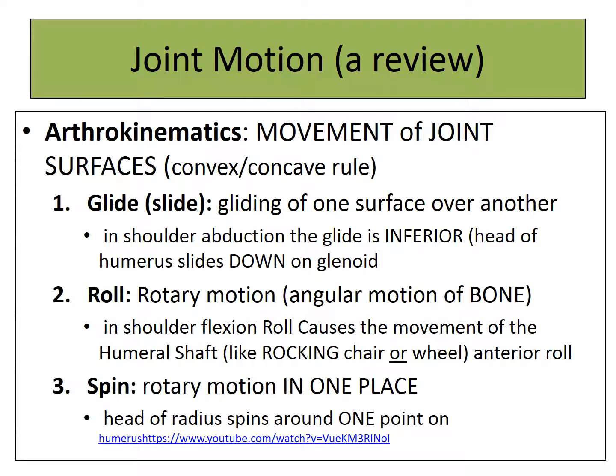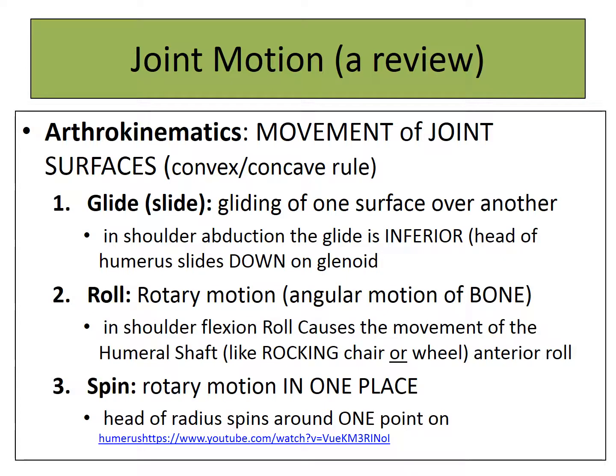And if we continue to roll superiorly, we're going to be jamming our humeral head up against the glenoid fossa. So what has to happen is we have to have a glide, and the glide is going to be inferior to allow for that to stay on the articulating surface.